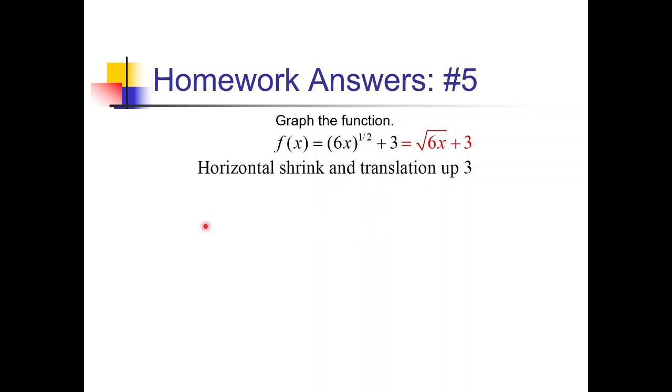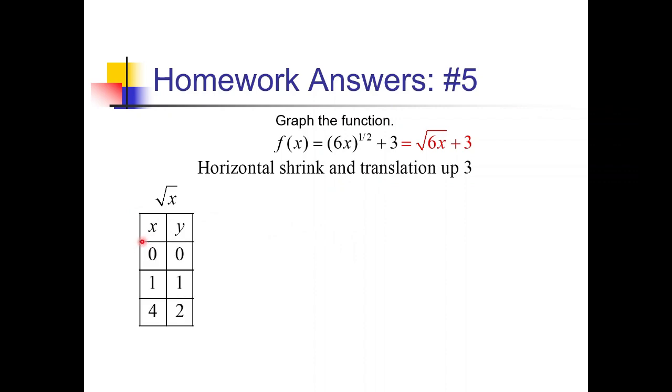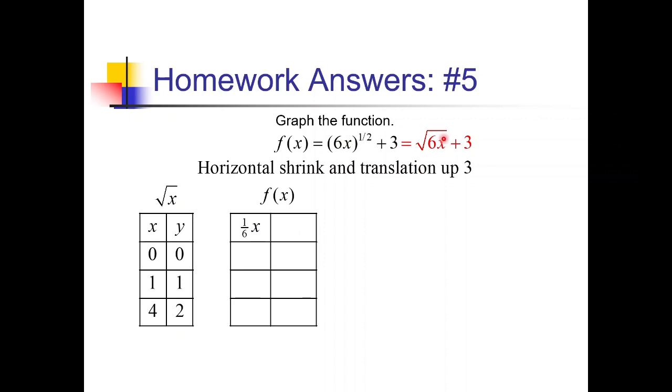The original radical x function, a good parent table for that, would be 0, 0, 1, 1, and 4, 2. To do the f of x function, since I have this horizontal shrink going on, this times 6 here really means we're multiplying the x values by 1 over 6. And then the plus 3 outside means we're doing y plus 3.